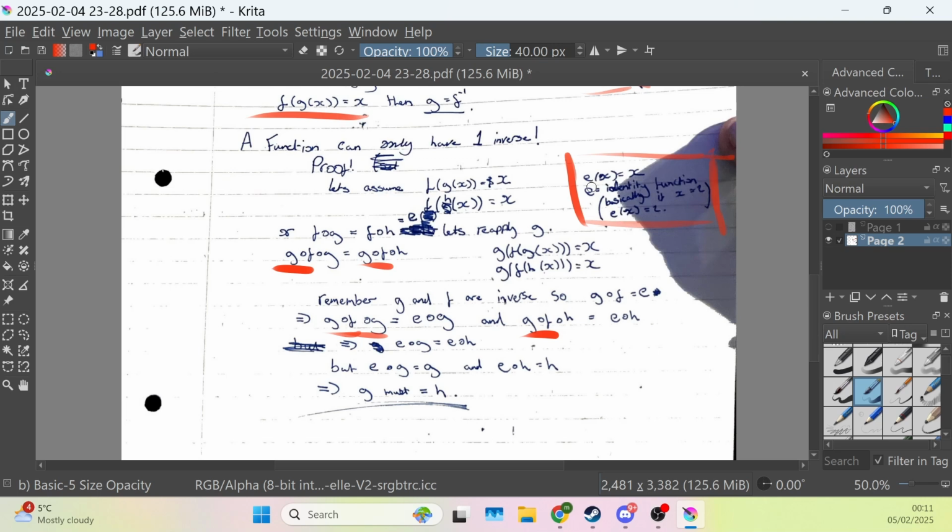But if you look up here, when I wrote down this identity function, e of x equals x. So e composed of g equals g, and e composed of h equals h. And if you remember up here, these were both equal to each other. Therefore, g must equal h. Therefore, there must only be a singular inverse.